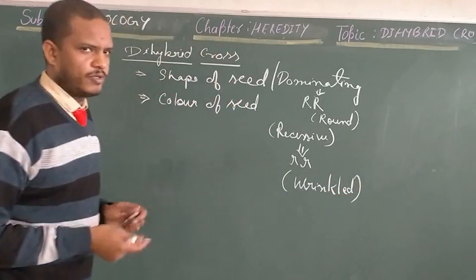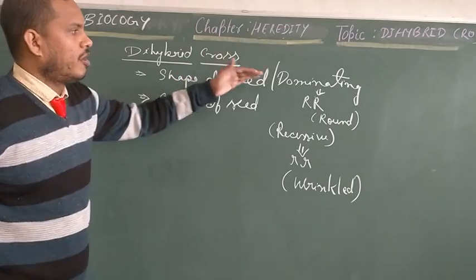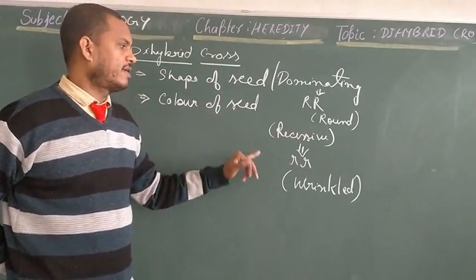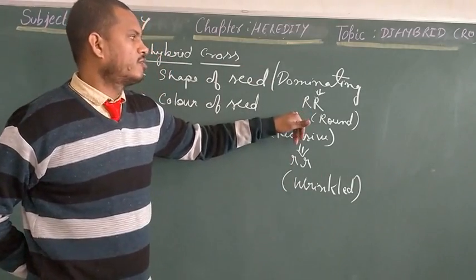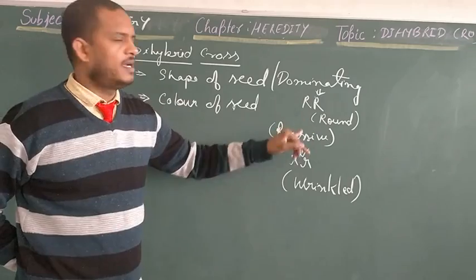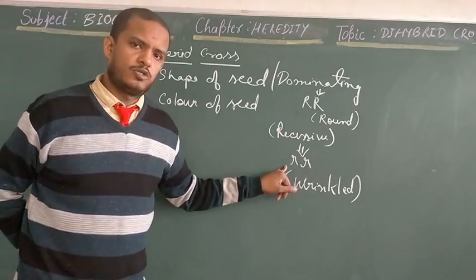So in the case of shape, round is dominant and wrinkled is recessive. The dominant is expressed by capital R and the recessive by small r.